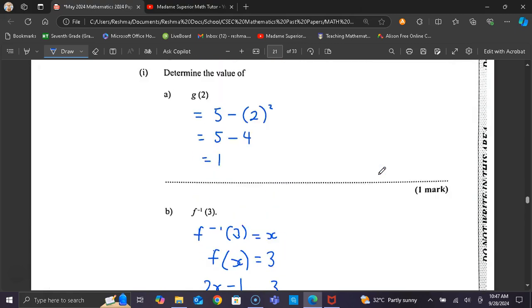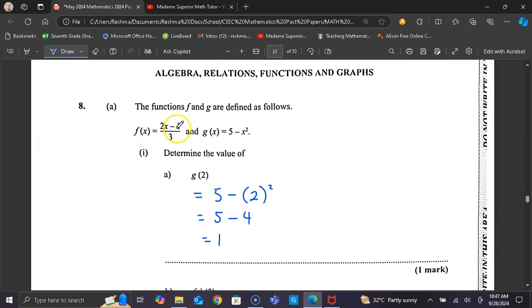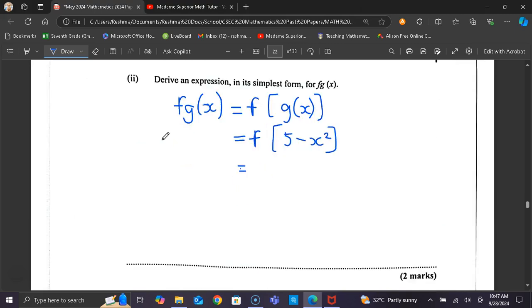Now, if you remember, f of x is equal to (2x minus 1) over 3. So if I need to find f of 5 minus x squared, I'm going to replace this x with 5 minus x squared. So therefore, I would get (2 by (5 minus x squared) minus 1) all over 3.